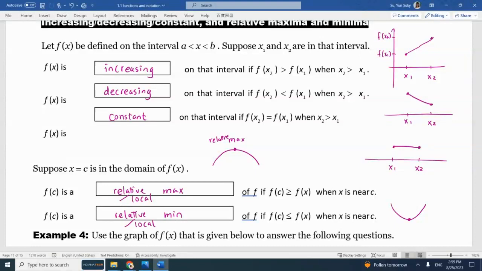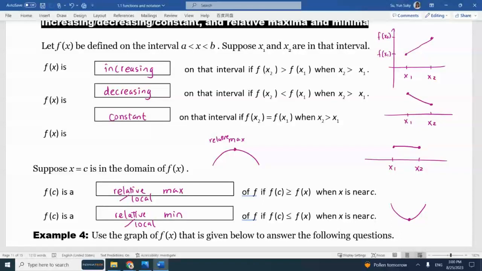What does local mean? Imagine your graph, maybe your graph looks something like this.